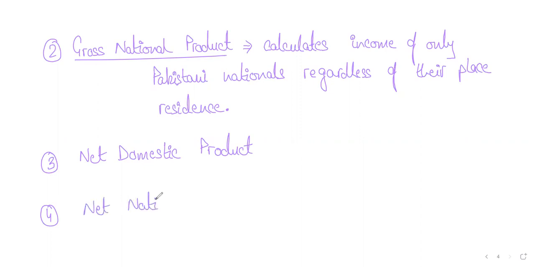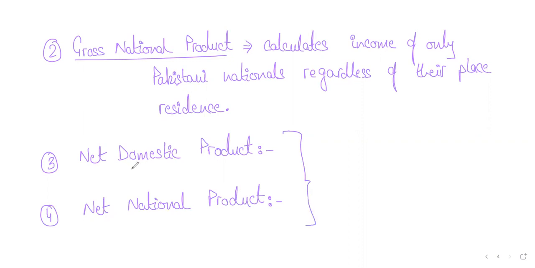Students, this is what you have to pay close attention to: net national product. What is the difference between gross and net? When we use the word net, what we basically mean is that we will exclude the amount of money that was spent on depreciation.